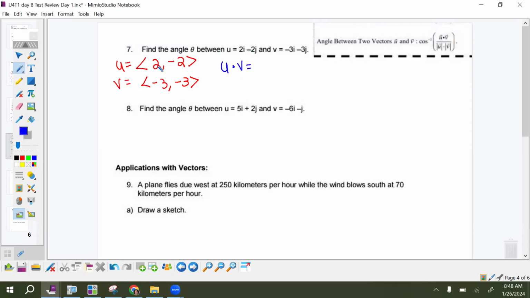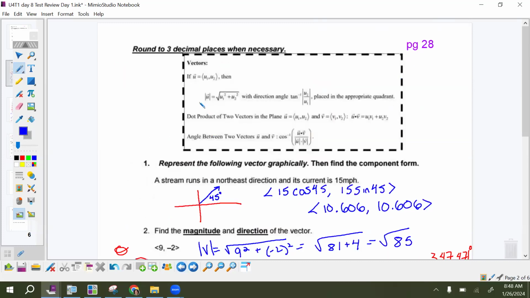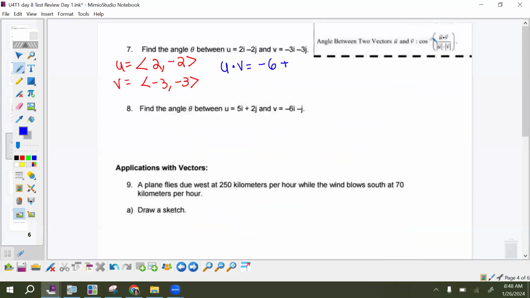The dot product is multiply the x's, add, is it add? Here's dot product. Okay, yes, it's adding. I should have screenshotted that. Multiply, add the y's, and this dot product is 0. Then I need the magnitude. So u is going to be 2 squared plus 2 squared. 4 plus 4 is 8.